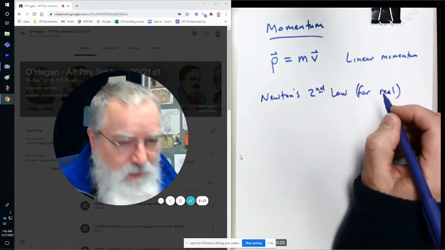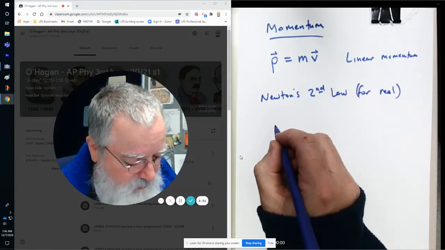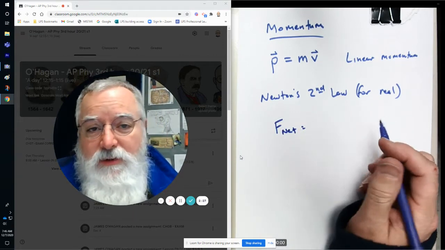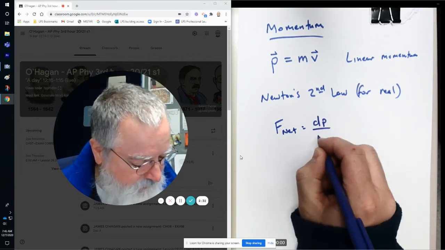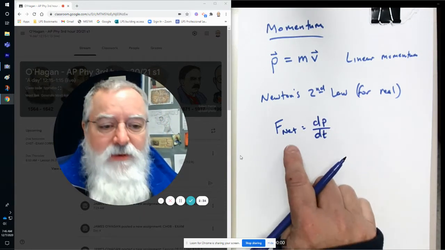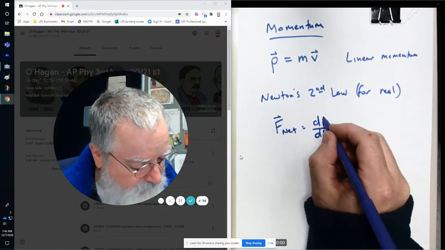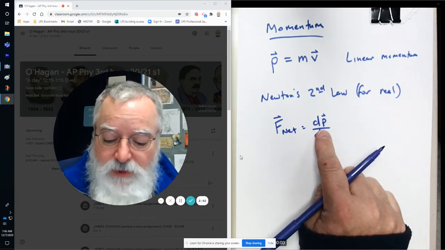No longer lying to you out there. Here it is. Here's what he said. Force net is equal to, and I'm going to do it in calculus because we're a calc thing, dP/dt. The net force was the first derivative of momentum. So it takes a force to change an object's momentum.